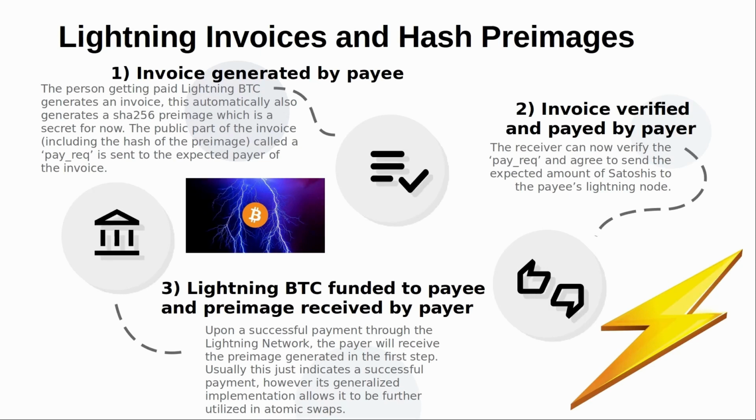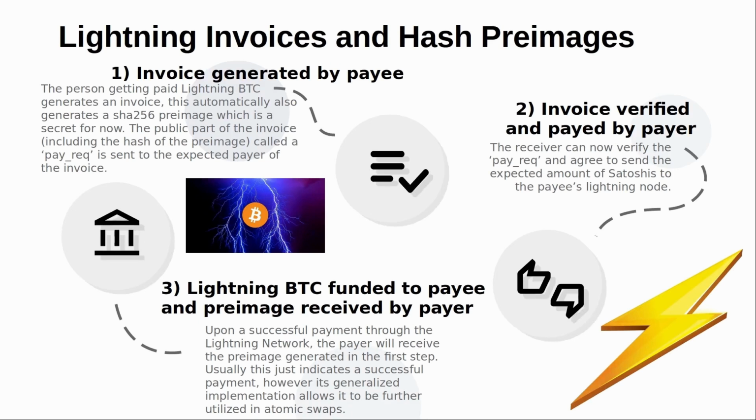The public part of the invoice is called a payreq, and it includes a bunch of information, including how much the payee expects in the invoice and the preimage hash. They can send this payreq to the payer. The payer can then verify how much money they're going to send, and they can check what the preimage hash looks like. And if they agree, then they can pay the invoice.